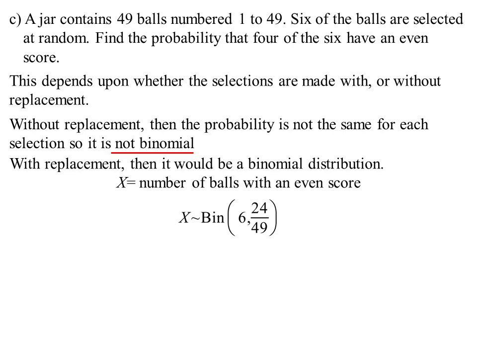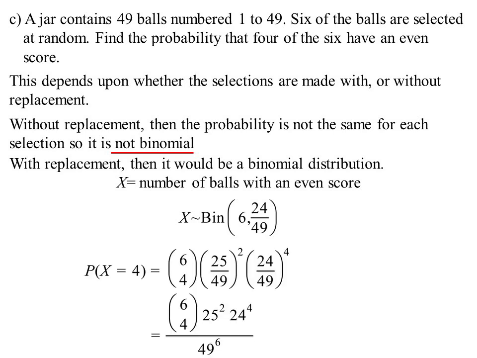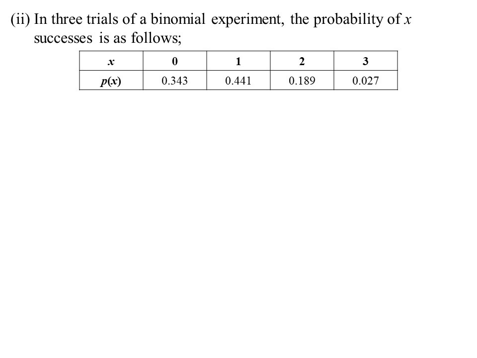So we know the two key pieces of information. The actual probability we could work out. Probability that x was equal to 4, our binomial probability, so probability of success to the power of 4, probability of failure squared, times by the binomial coefficients, and to 4 decimal places we get 0.2247.